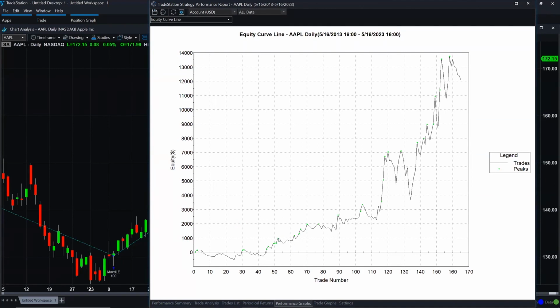Every time it makes a new peak, meaning that it's higher than what it was before, it's going to put in a new green dot. That's what it's doing, just plotting a green dot every time it reaches a new peak. Now, what it does is take all the time between those peaks and average them together. So on average, it takes us about 295 days to reach that new peak.